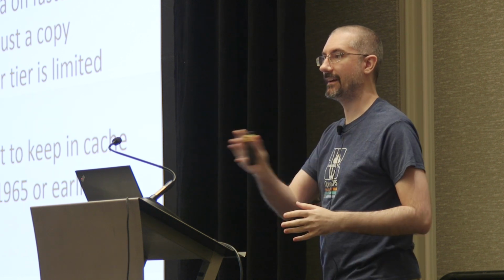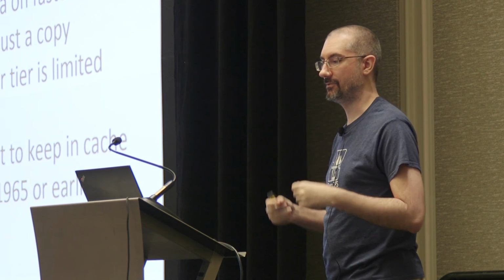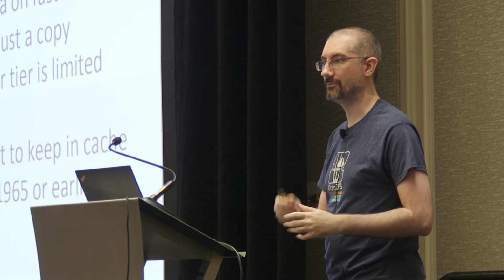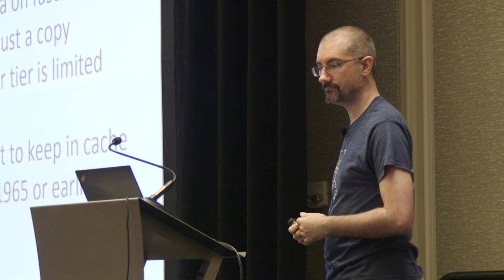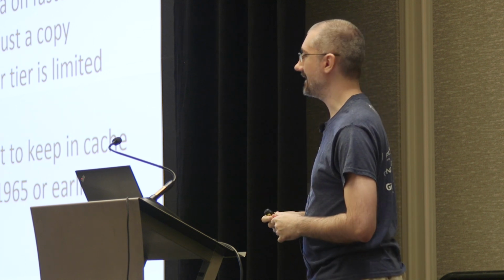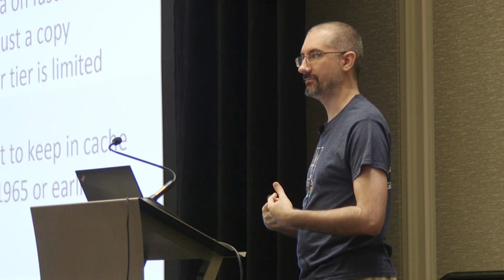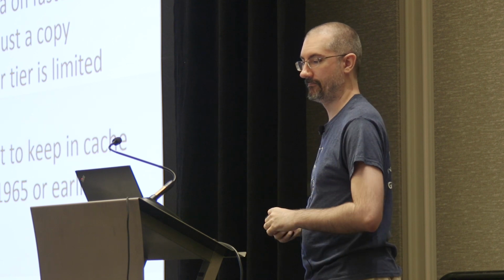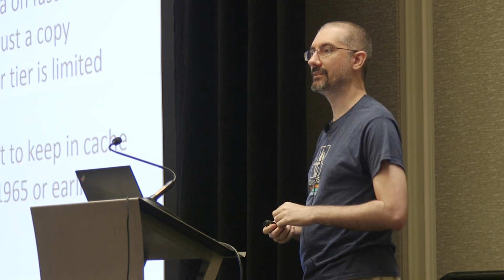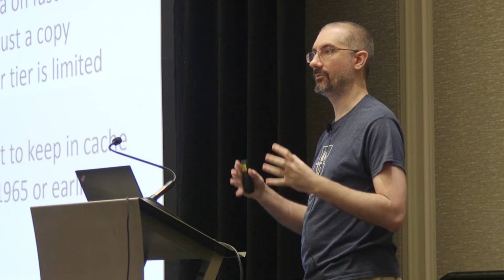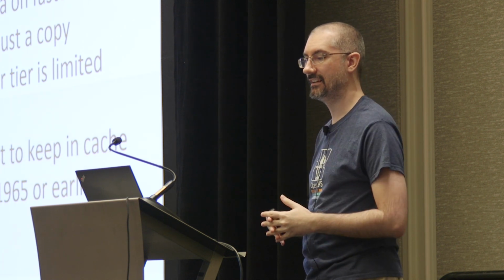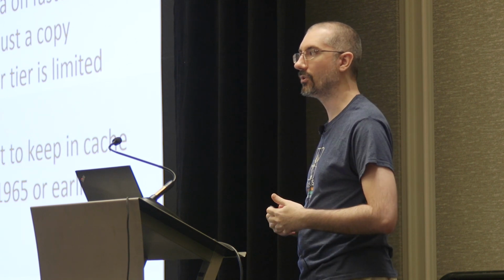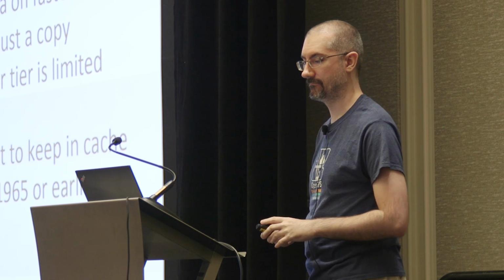But at these faster tiers, we have less and less memory, so we have to be picky about which data we're going to keep around to get the best possible outcome. Because the faster storage is basically a precious resource, because we have so little of it. So we need some kind of algorithm for deciding which data we're going to keep in these more precious, smaller caches, and which data we're going to throw away in order to get something more likely to benefit us into that cache.